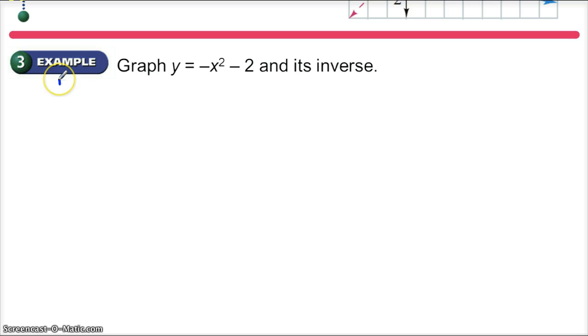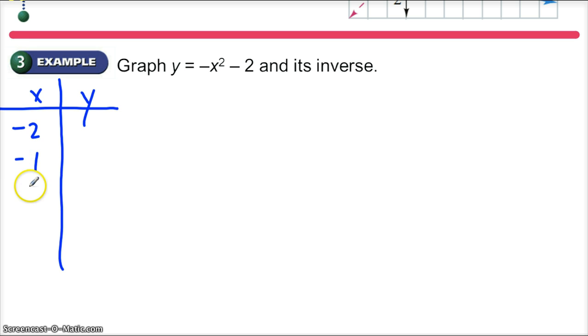Okay, so if we have x here and we have y here. If I plug in -2, -1, 0, 1, 2. -2 gives me 4. -2 squared is 4. We have -4.